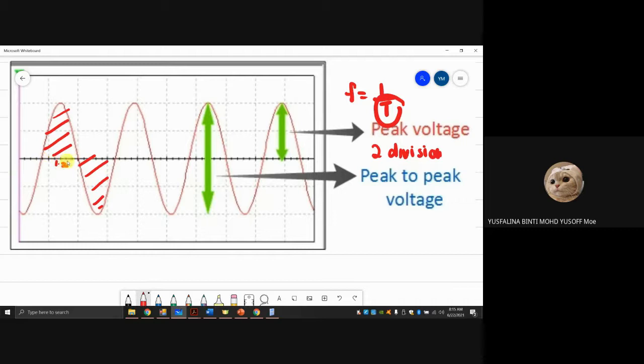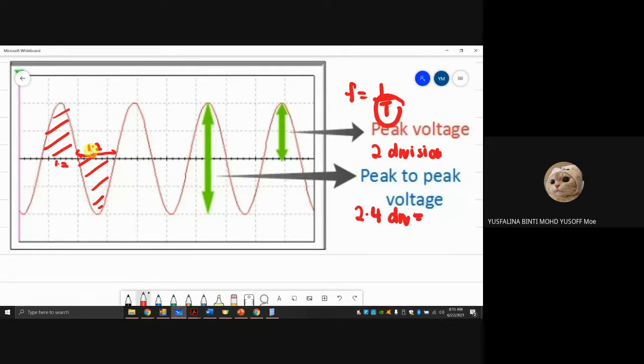From here to here is 1.2 divisions. From here to here, it already has one division but there is extra 0.2, so 1 plus 0.2 gives 1.2. So from here to here is also 1.2 divisions. What is the total for 1T? 1.2 plus 1.2 gives 2.4 divisions. Is it okay?